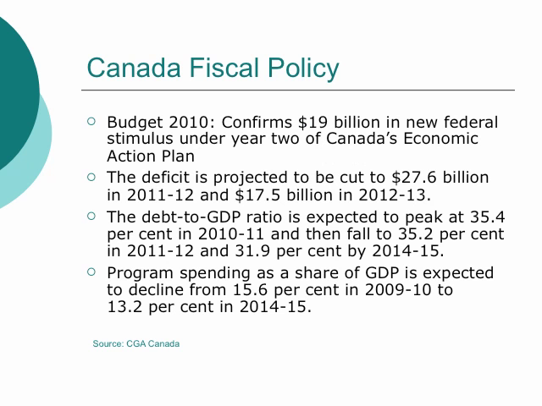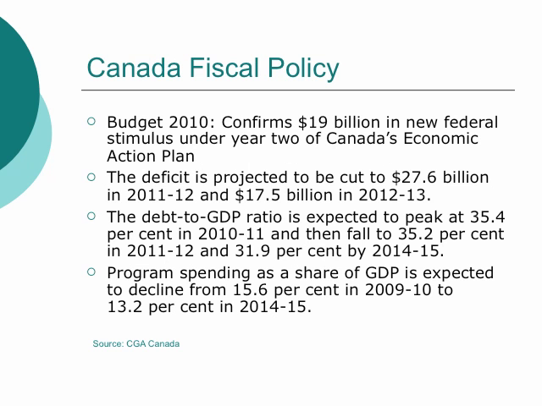With monetary policy, fiscal policy is also important in the macroeconomic environment. According to Budget 2010, it confirms $19 billion in new federal stimulus under year 2 of Canada's Economic Action Plan. The deficit is projected to be cut to $27.6 billion in 2011 and $17.5 billion in 2012 and 13.